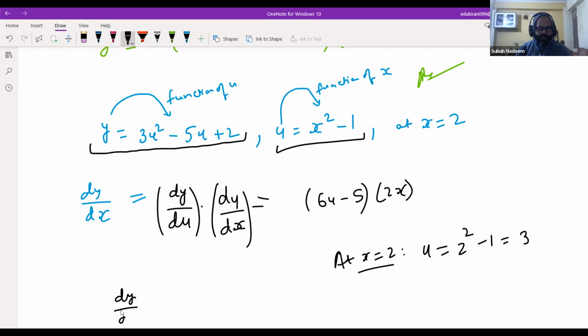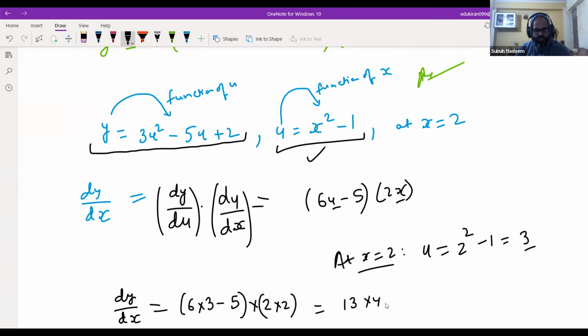So dy by dx is equal to 6 into 3 minus 5, into 2 into 2. So you are putting x as 2, and u as 3. How did you get u? From here. So this will become 18 minus 5, that will be 13 into 4, 52.